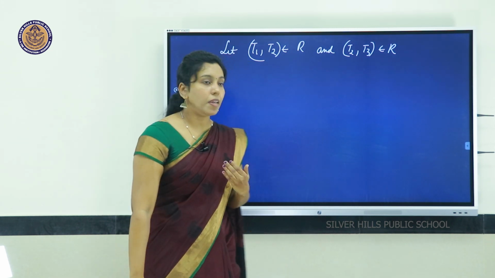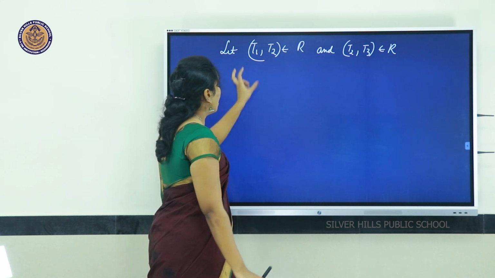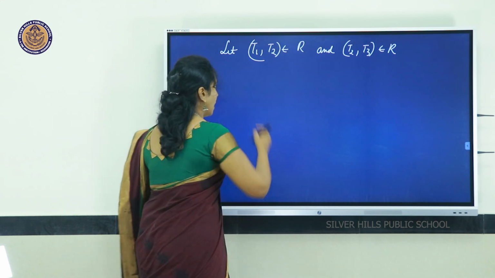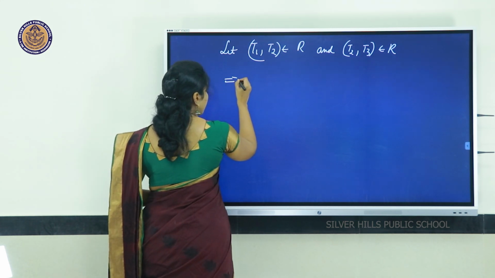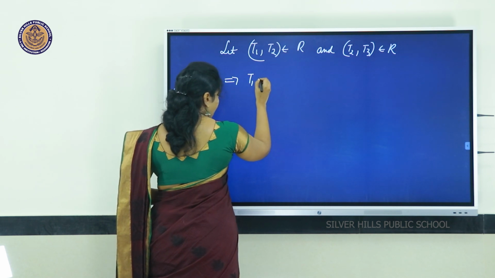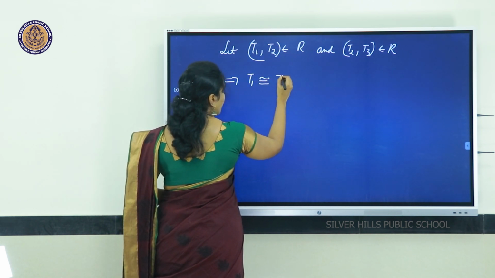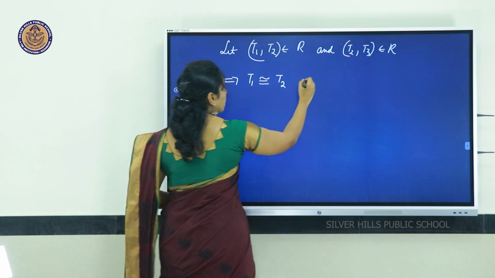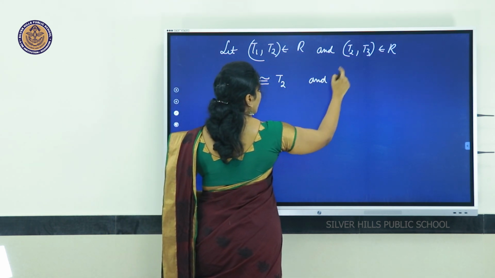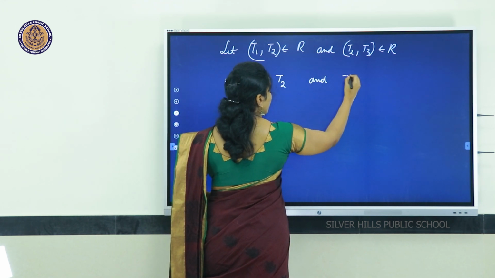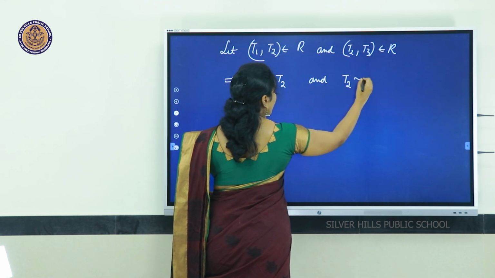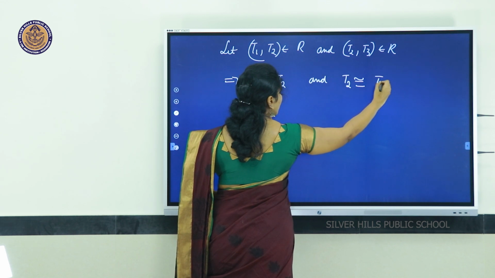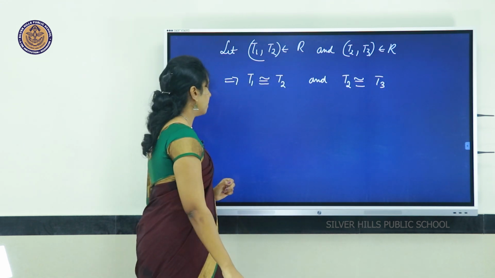So, I selected the pairs. Now I write the meaning of each. T1, T2 belongs to the relation. This implies triangle 1 is congruent to triangle 2, and T2, T3 means triangle 2 is congruent to the third triangle T3.